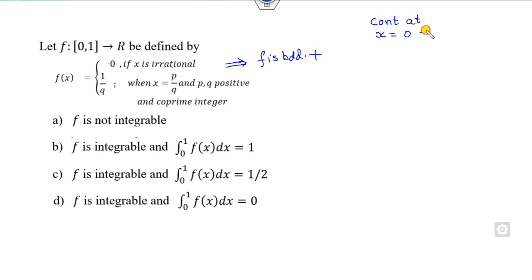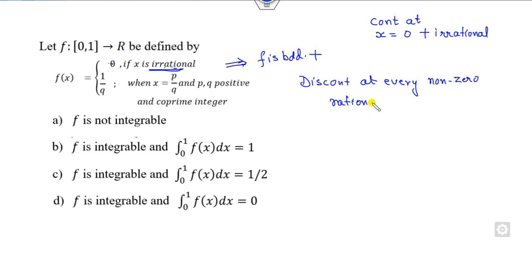Fine. The function is also continuous at all those irrational points, because whatever the irrational is, the answer will always be 0. Now, is the function continuous at the rationals? Look at that. The function is discontinuous at every non-zero rational point.